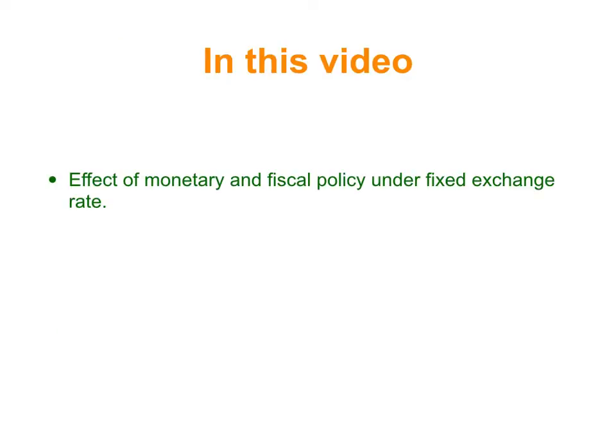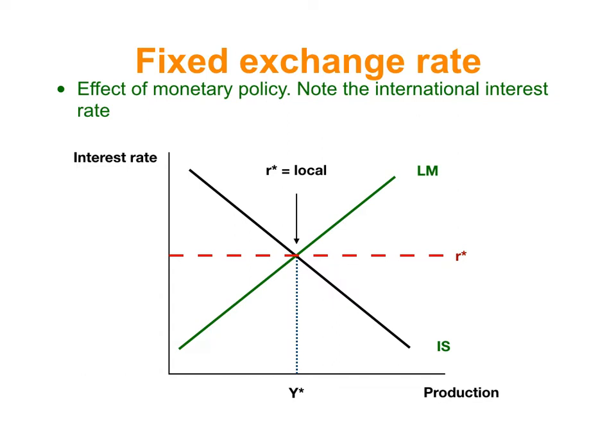So let's start. In this video, we are going to look at the effect of monetary policy and fiscal policy under fixed exchange rate. We are going to look at the effect of these policies under flexible exchange rate in the next video.